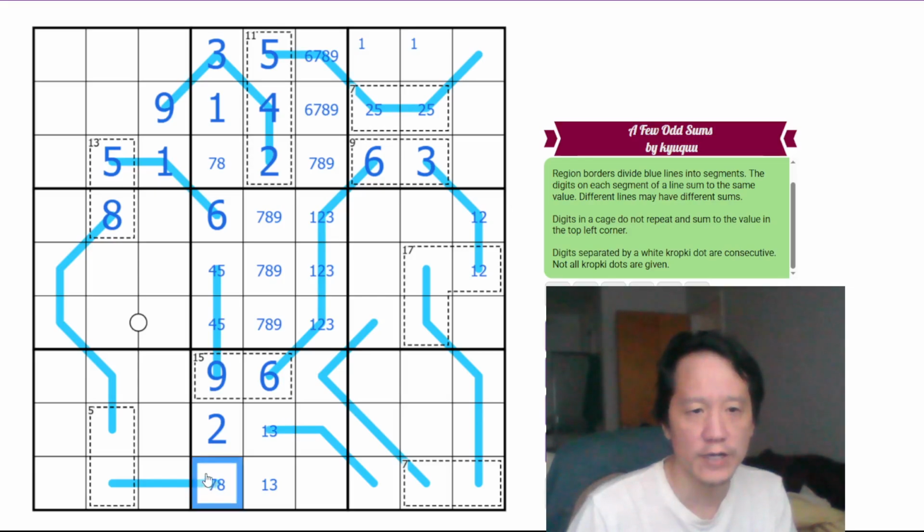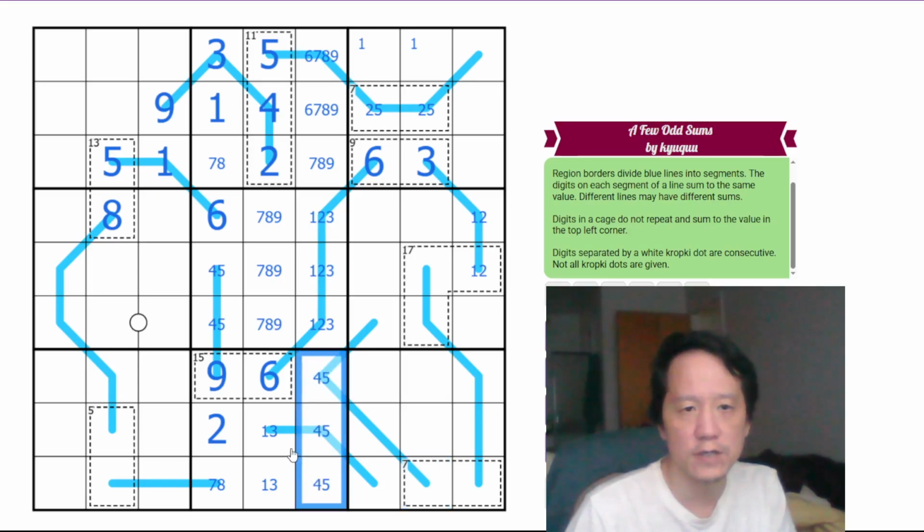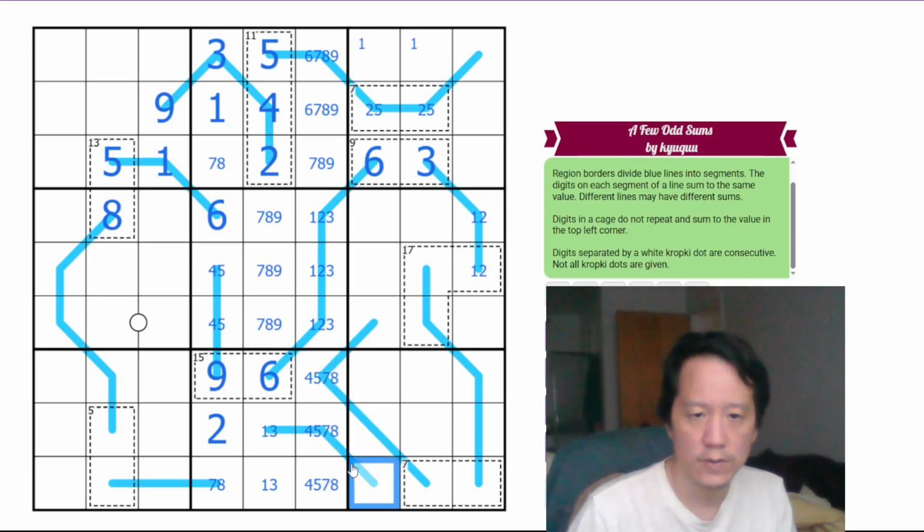This is 7 or 8, which means this must be either... there's a lot of combinations. Okay, let's not do that one yet. This has to be 4, 5 with 7 or 8 here. This is 1 or 2.